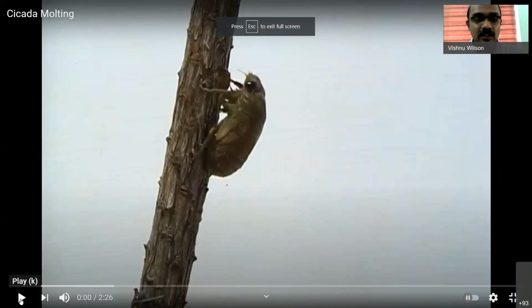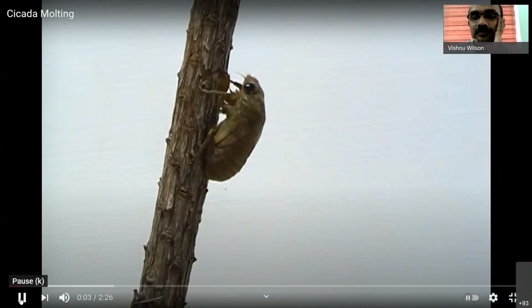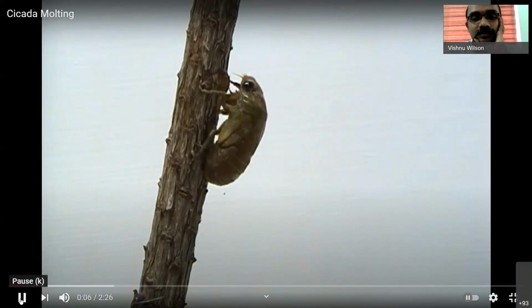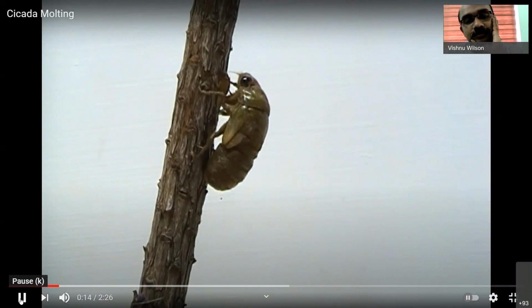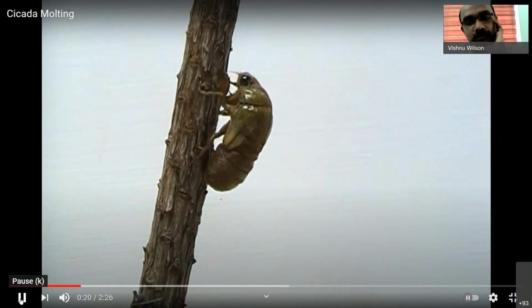This is the cicada I told you about, which has a 17-year life cycle. See, it's slowly expanding, shedding its old cuticle. See, it is taking up air.